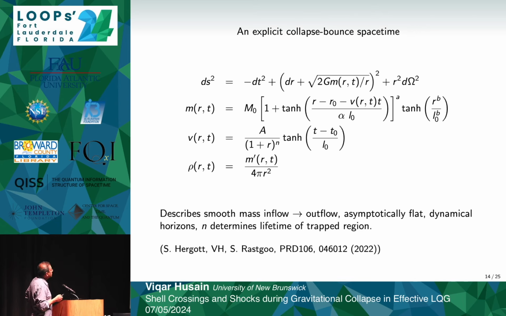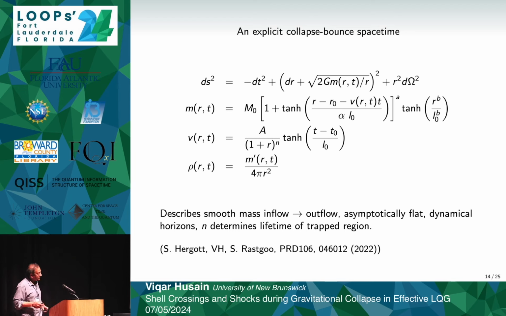The metric is just this PG form, very simple, with just one metric function in it. And here's a cooked up mass function, of this particular form. It achieves a certain purpose, as you'll see. It has this velocity function here, and the density is given through the mass function like this.